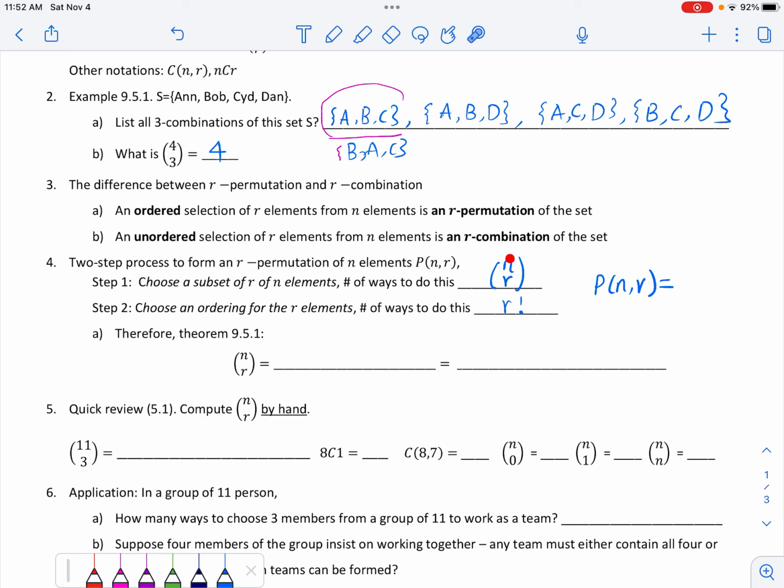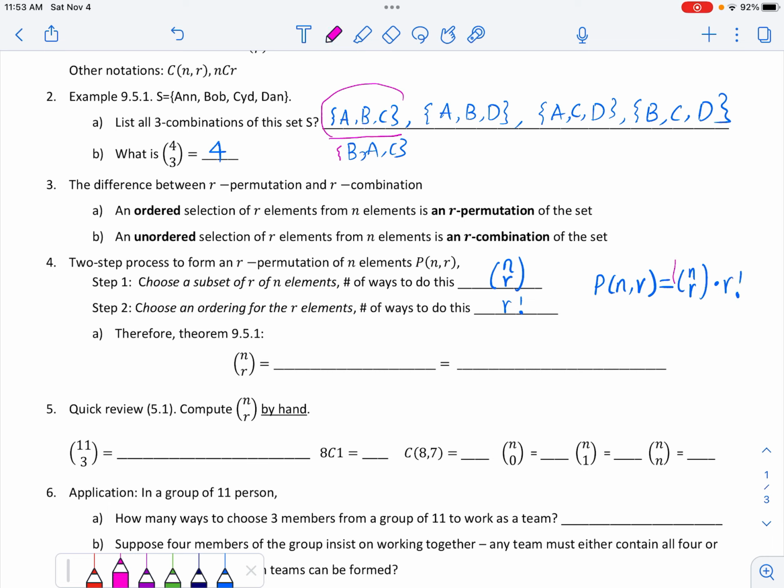Step number one, choose r elements from n elements, which is n choose r, times how many ways to order the r elements chosen, r factorial.